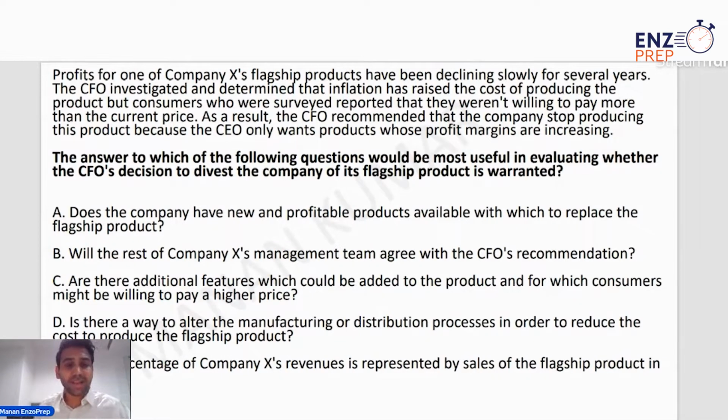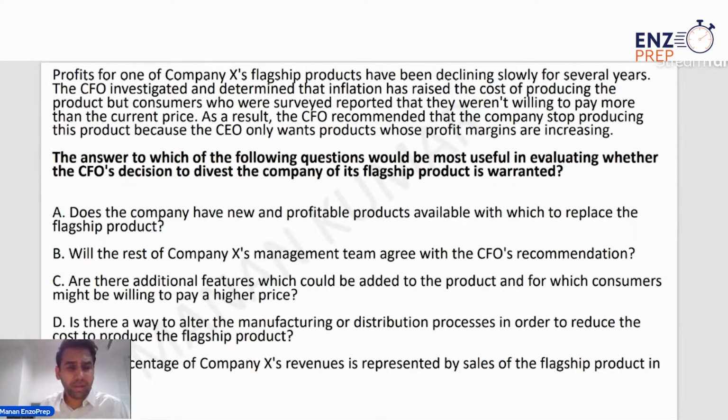So option A is about the company, which exceeds the scope of the criteria that we're given in the question. Option B says, will the rest of the company's management team agree with the CFO's recommendation? It's again exceeding the scope of the passage altogether. It's concerned about the company, and we are not concerned about the company. We're only concerned about the flagship product's profit margins.